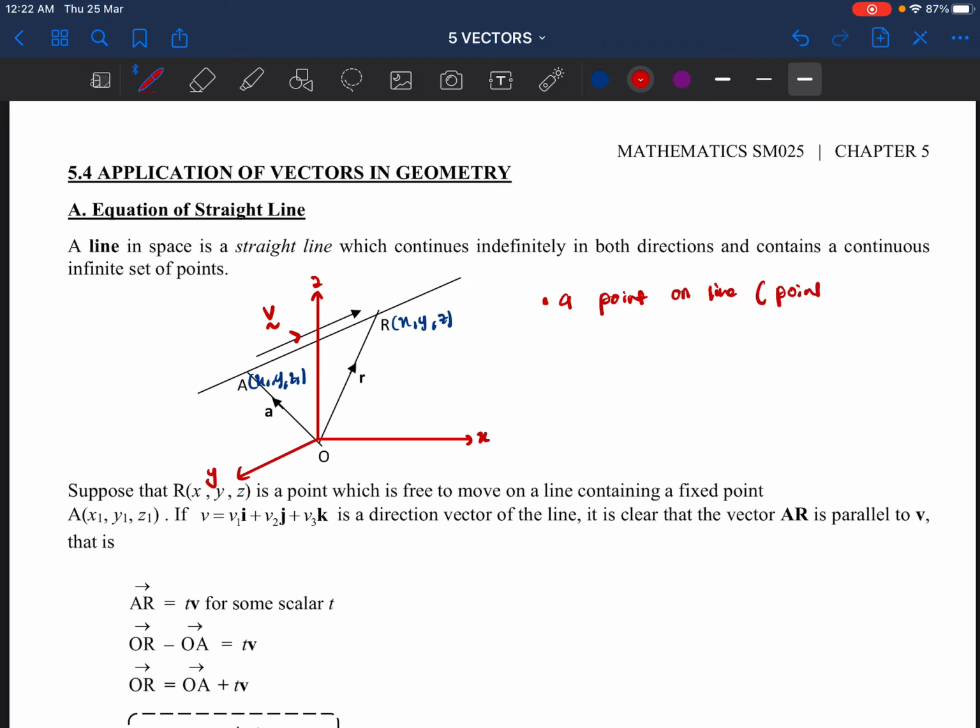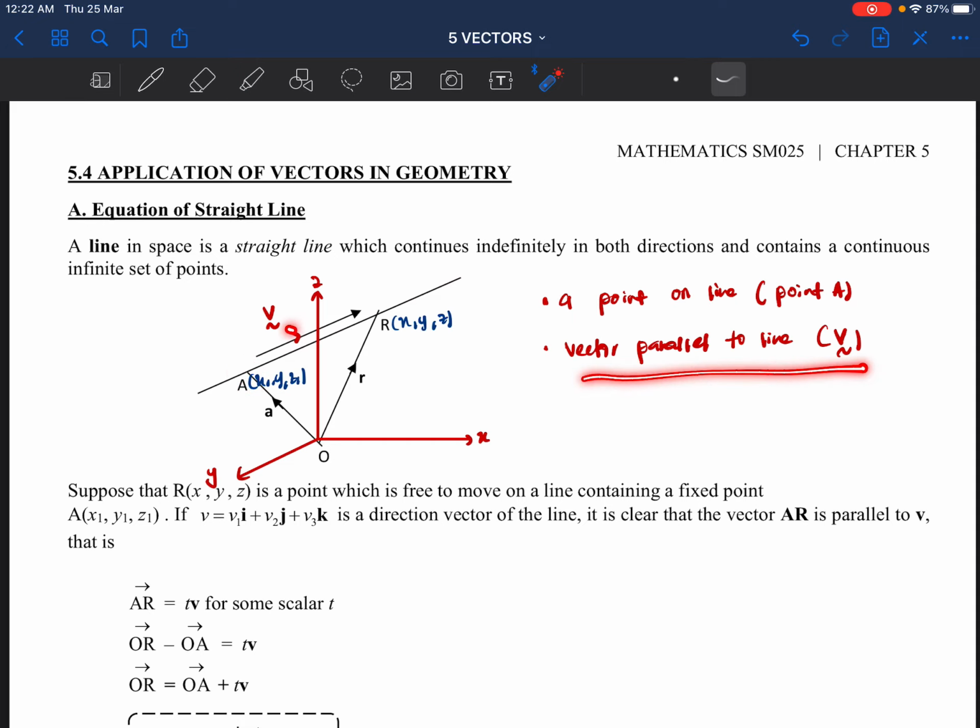Point A, point B, boleh juga any points on line. And then kita ada vector parallel to line. Vector parallel to line ialah V kita. A point on line tu ialah A kita. Mesti kena atas line kita. So vector parallel to line ialah V kita.